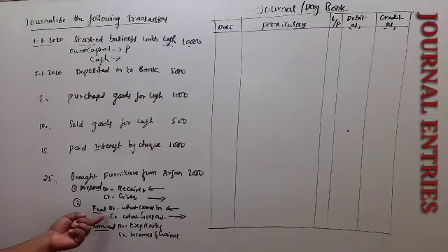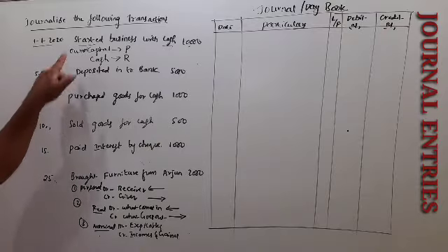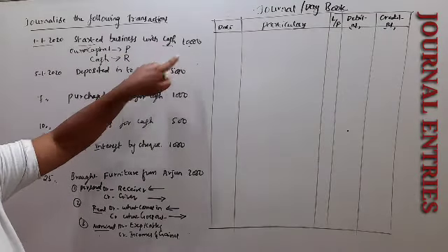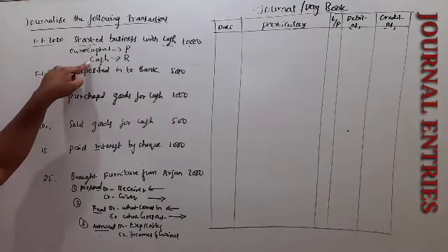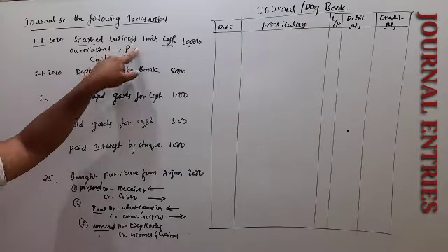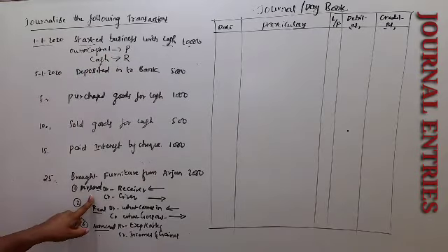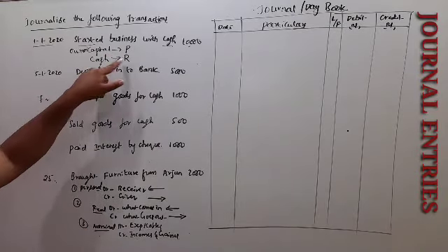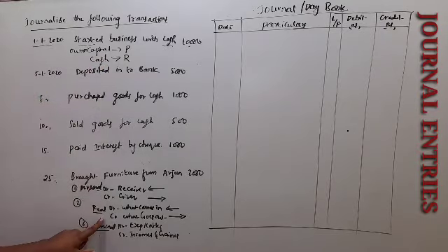Cash comes under a real account. All tangible assets, intangible assets, current assets come under a real account. So in this transaction, two accounts are involved, that is capital and cash. Capital comes under a personal account and cash comes under a real account.